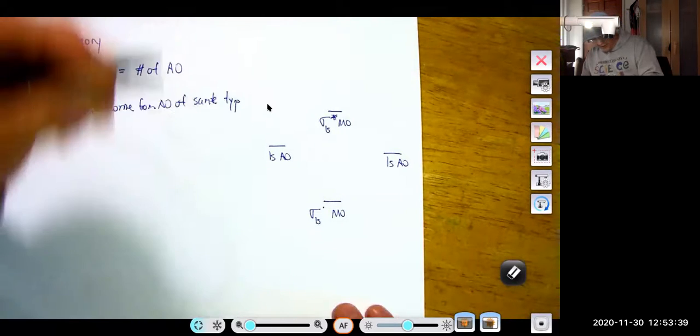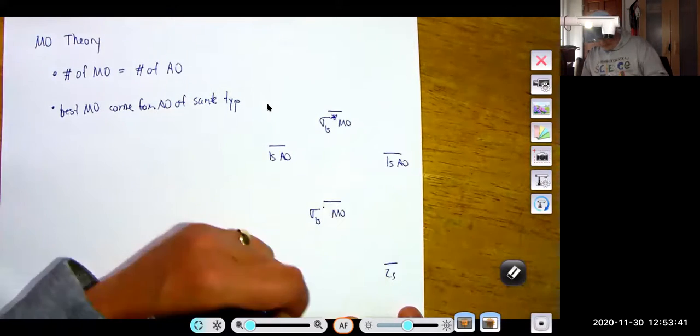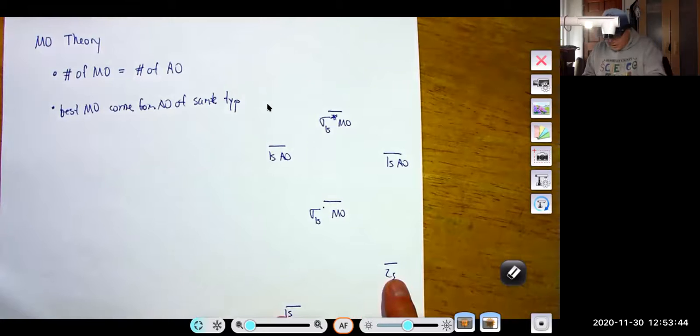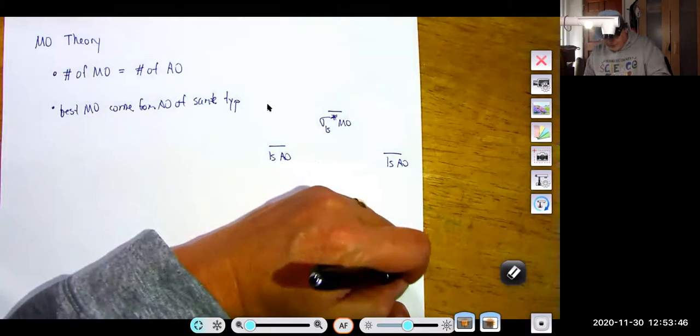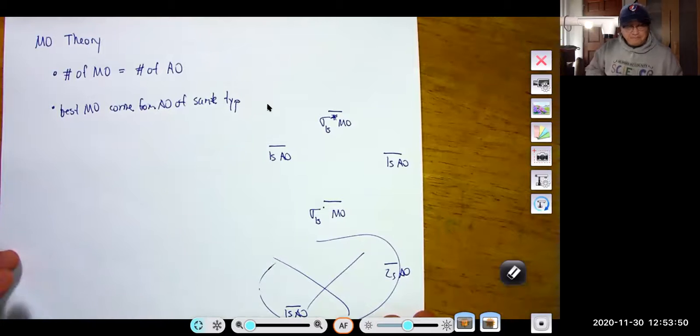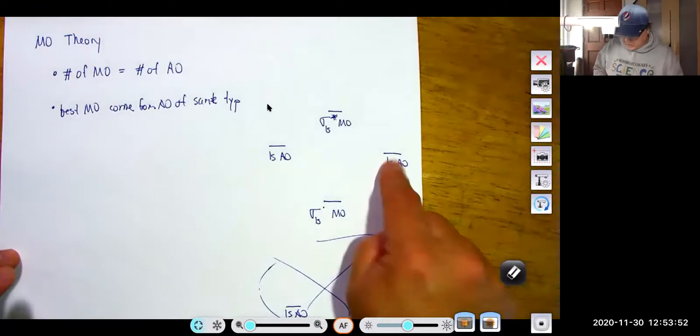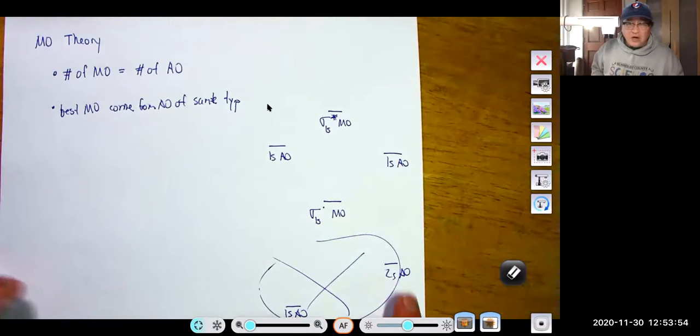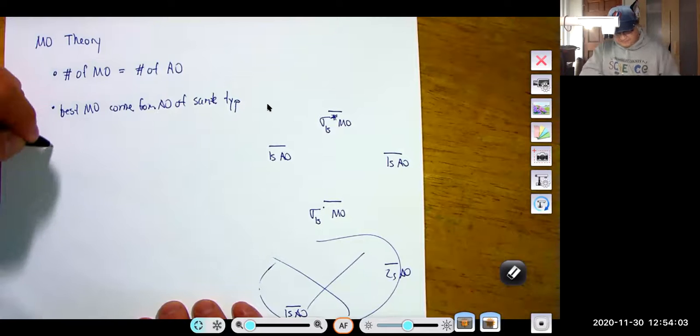So we don't want to do this. We don't want to make MOs out of a 2s and a 1s. A 1s and 1s, sure. 1s and a 2s, no. How about a 2s and a 2s? Sure. How about a 2p and a 2p? Sure. Okay.